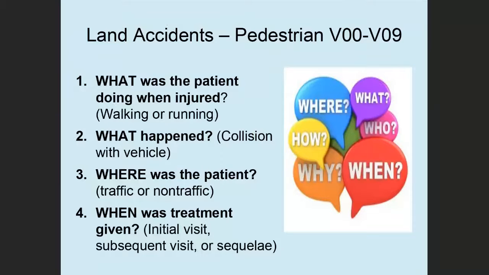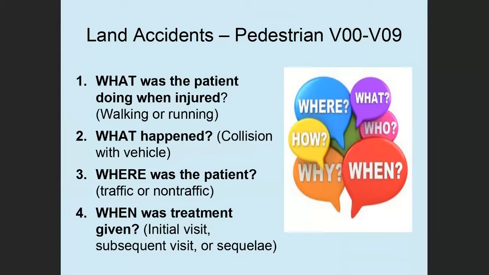Within the category of land accidents or accidents involving pedestrians, people on foot, or using pedestrian conveyances, and we'll talk about what that means in a minute. Note that the code for the injury is listed first, so you use a code for the injury from the alphabetic index first, and then you're going to use an external cause code.